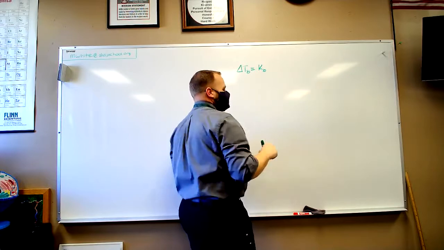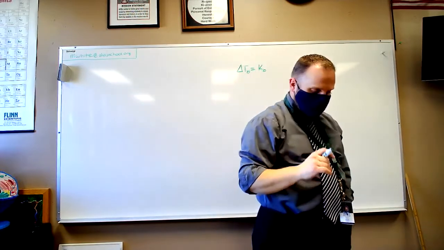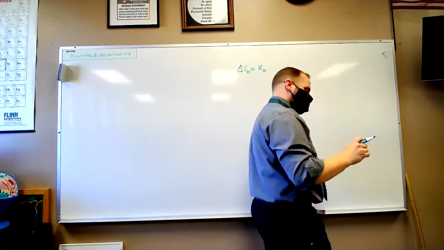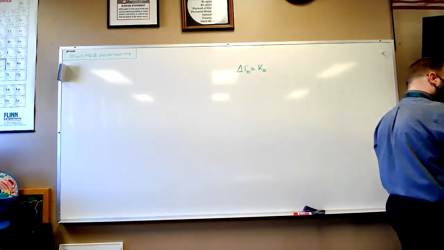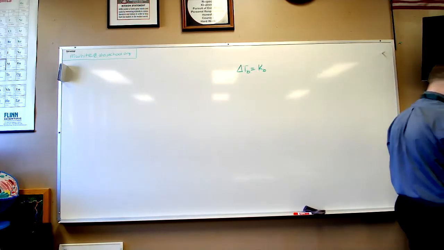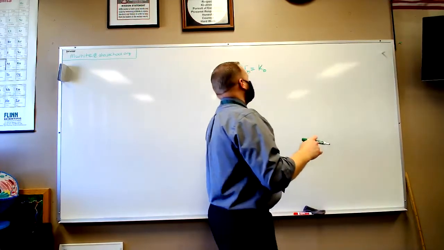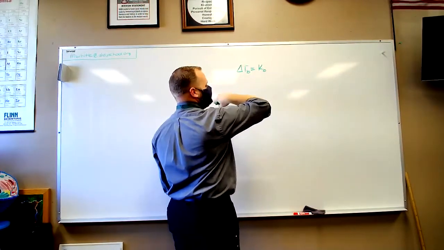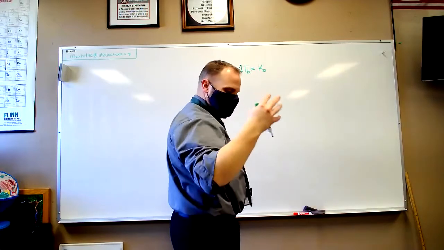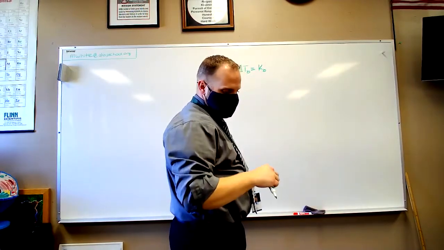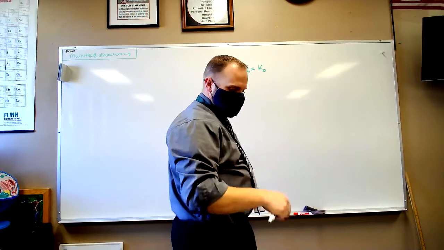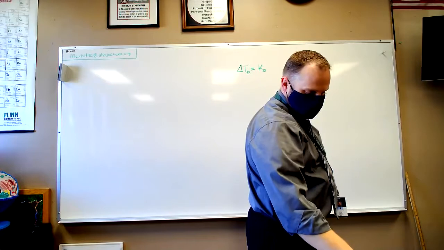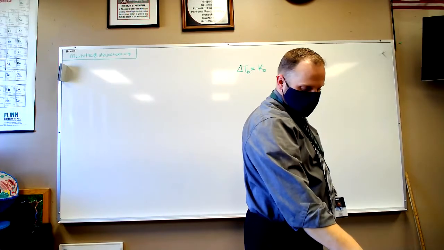This is a constant, but it's a constant for the solvent. Remember, it doesn't matter what we're dissolving, it just matters how much. So water has its own K sub B. Every other solvent out there has a unique K sub B. You can see some of them on the chart, page 500.